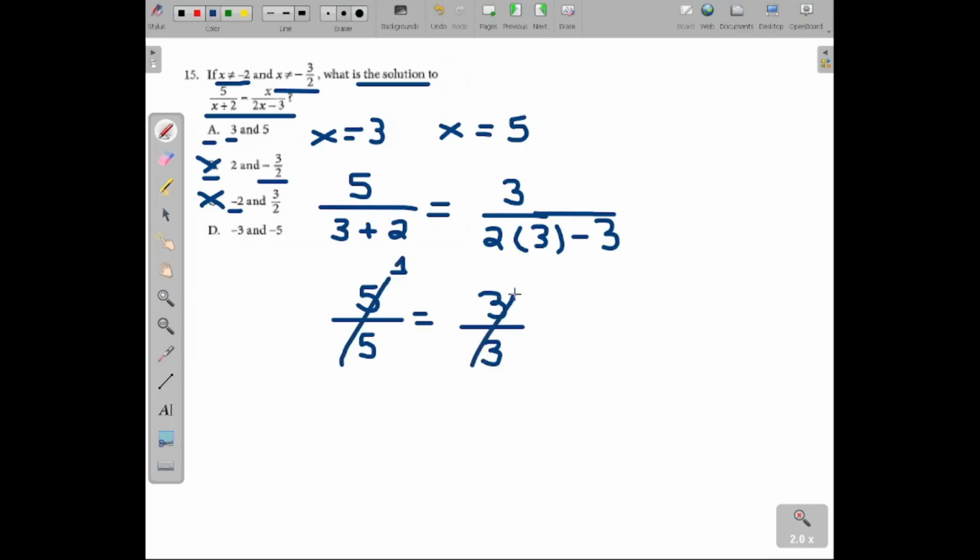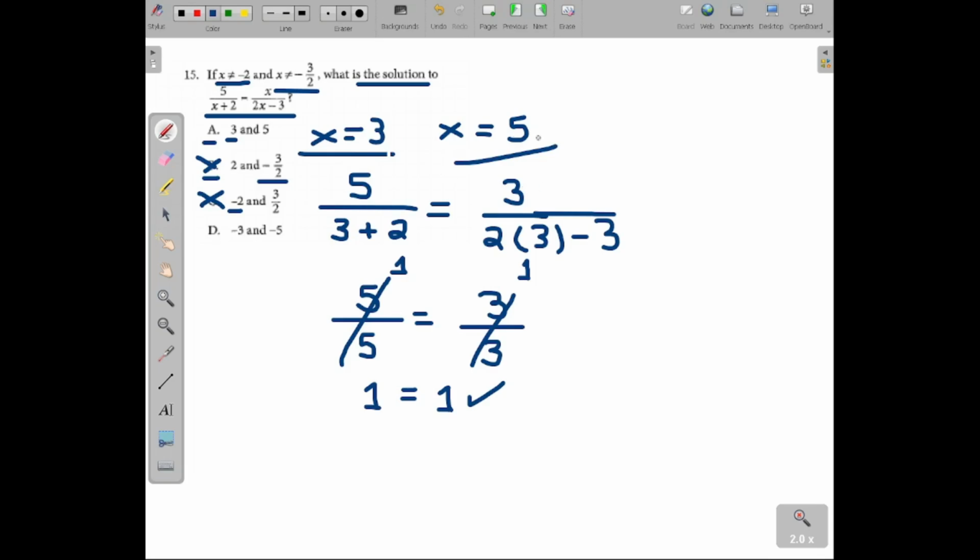And 3 divided by 3 is equal to 1. So does that make sense? 1 is equal to 1? Of course. So this equation is true. But we just found one value. Now let's look for the other.